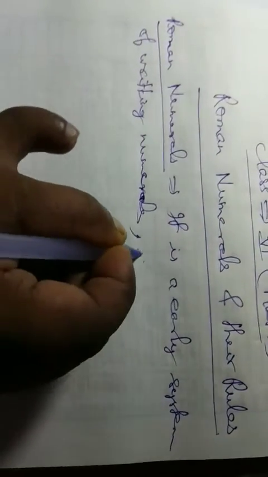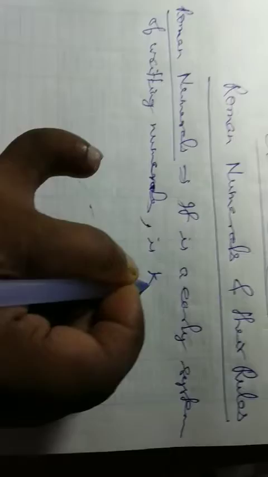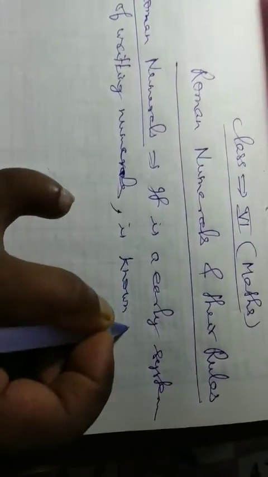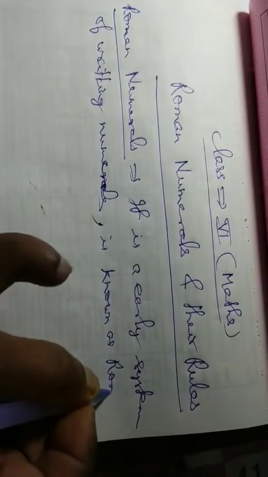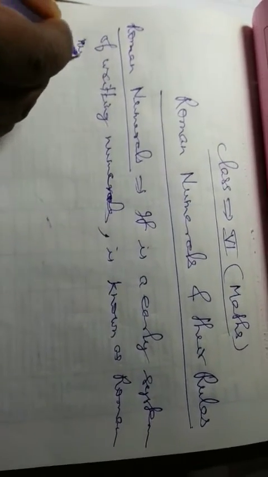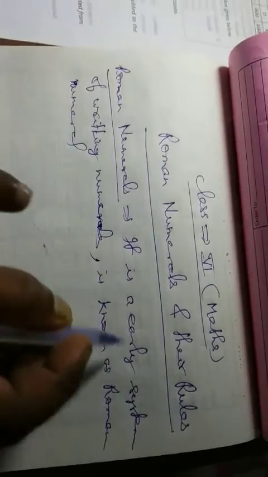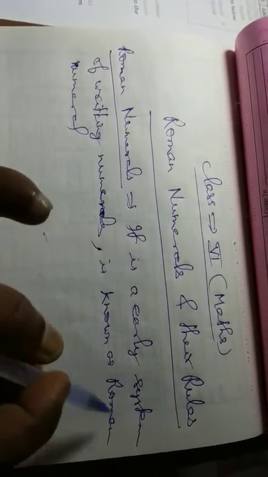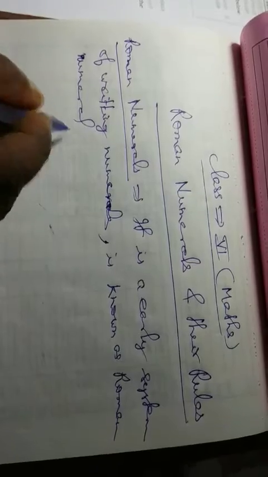An early system of writing numerals is known as Roman numerals.